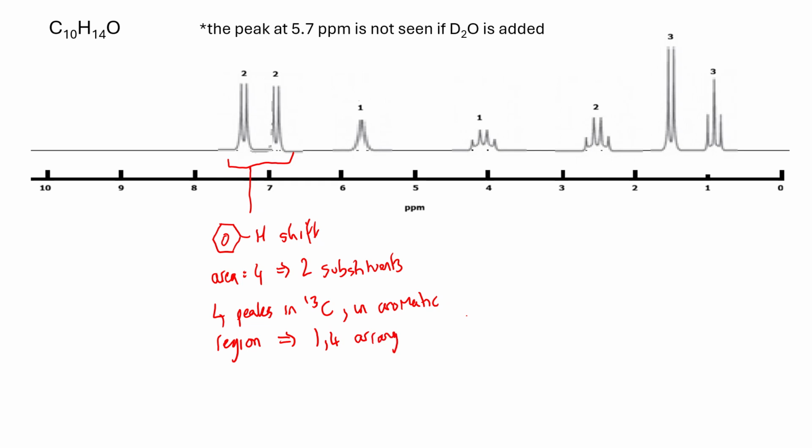So now we have our first chunk of structure that we're fairly confident we need to build on to construct our whole molecule, which means we have this, and those 4 hydrogens are accounted for. One thing that's worth noting is that we haven't talked about the splitting here, and that's because the syllabus states that you are not expected to talk about the splitting for aromatic ring systems.